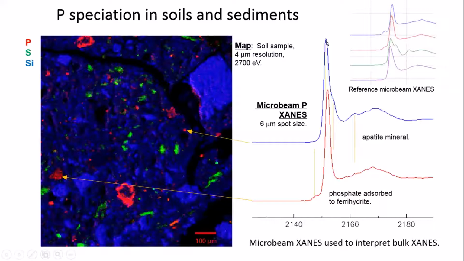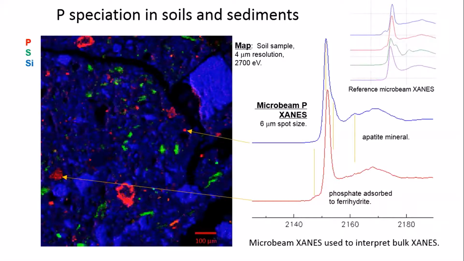can you see my marker here? I didn't try that before. Okay. So the blue spectrum is from this small phosphorus-bearing grain, and that turns out to be an apatite, a calcium phosphate mineral grain. It has a characteristic shoulder above the absorption edge.